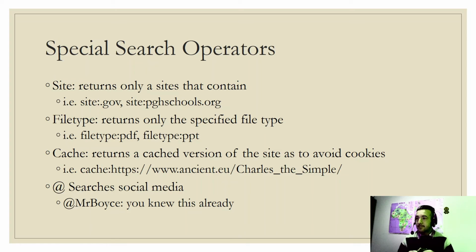So the cache one is used to return a stored version. Google and the Wayback Machine and all these things will give you a stored version of a site, because maybe the site you wanted was taken down, or it's no longer hosted on the same server, or maybe you just don't want cookies from that site downloaded on your computer, or you don't want the people from that server to know your IP address was visiting their server.